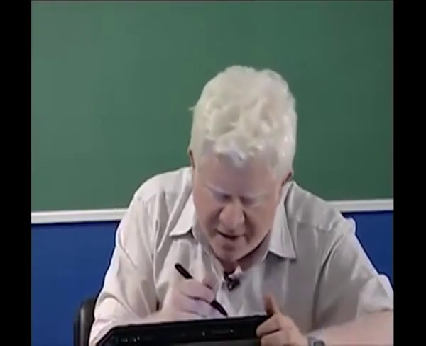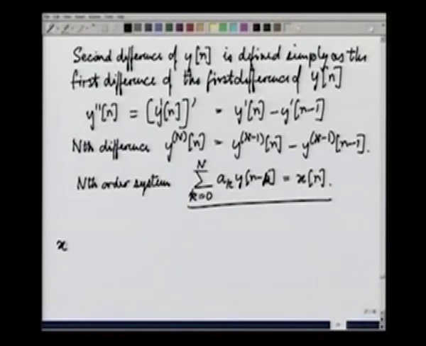Integration after differentiation returns to us the original signal. That is, if I had x t and applied it to a differentiator, I would get x dash t, where the differentiator is nothing but d x t by d t.